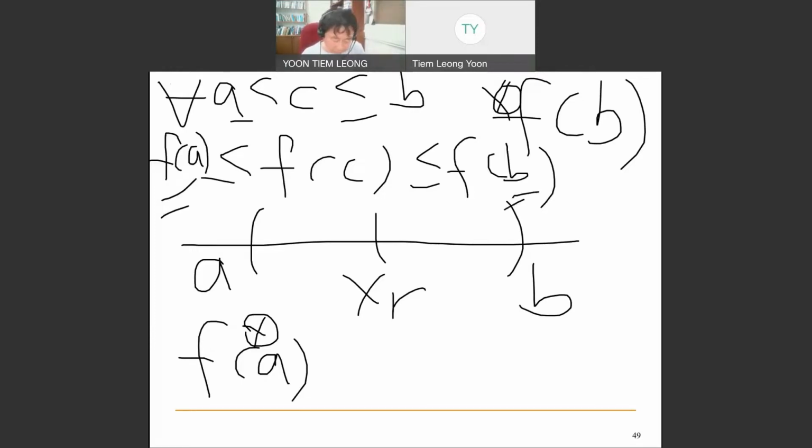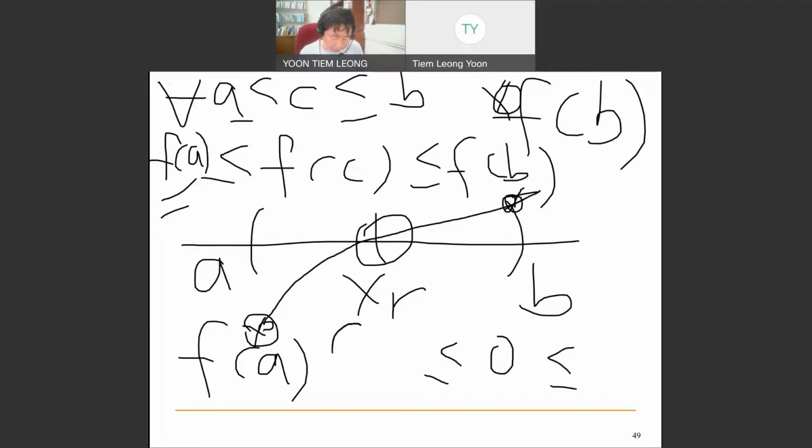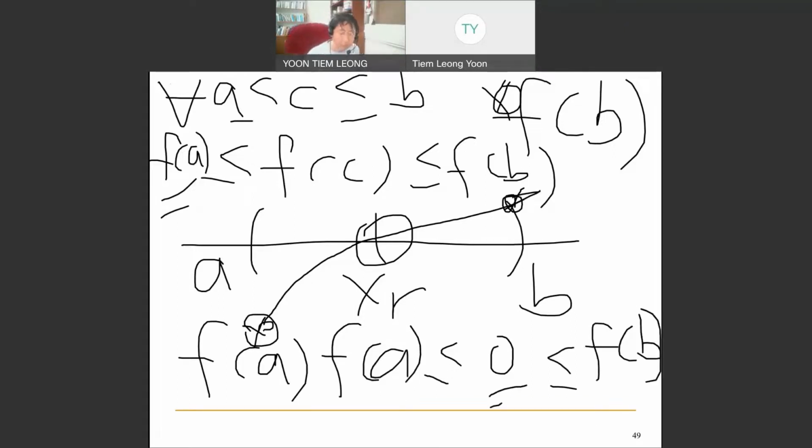So that means if you start at a, say f(b) is somewhere here and f(a) is here, then you draw a continuous line. There must be somewhere that the function f crosses from negative to positive. Okay, so the value where you cross from negative to positive is the value of 0, right? So there must be a number that is like this. So this is a number that is guaranteed to exist, that lies between a and b.